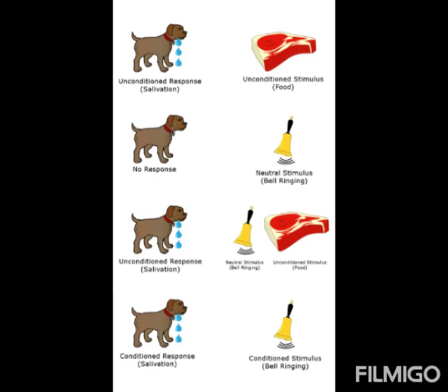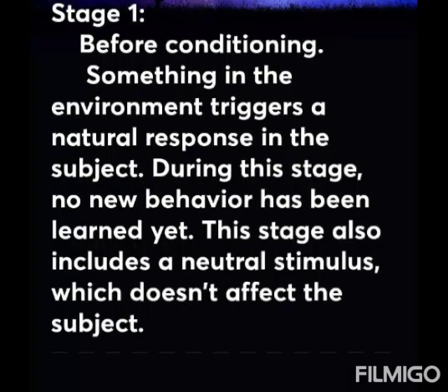When you hear the bell along with food, the dog salivates. So it is an unconditioned response. And over a period of time, when the dog hears the bell and produces salivation, the bell is a conditioned stimulus.